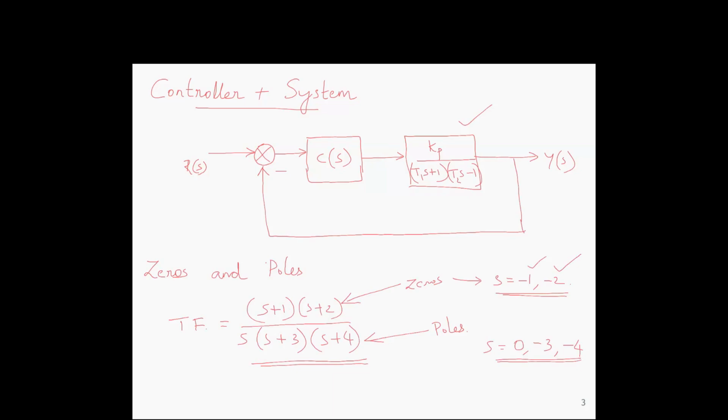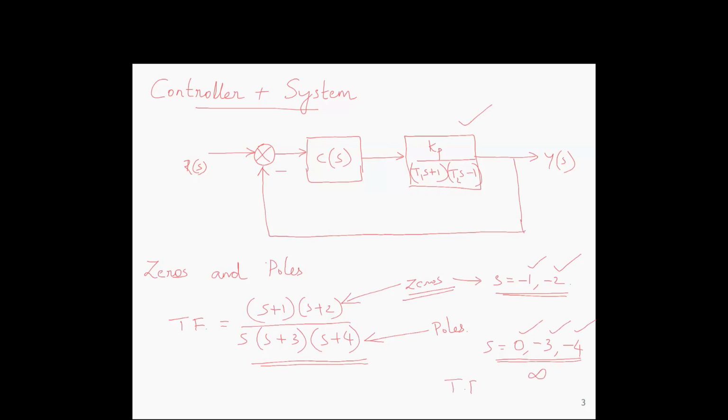That is why they are called zeros of the system. Similarly, when the value of s is 0, -3 and -4, we get the entire transfer function at infinity, because the denominator is 0.